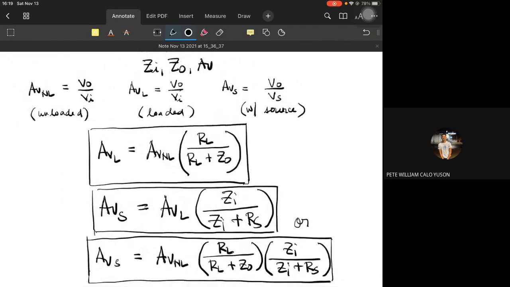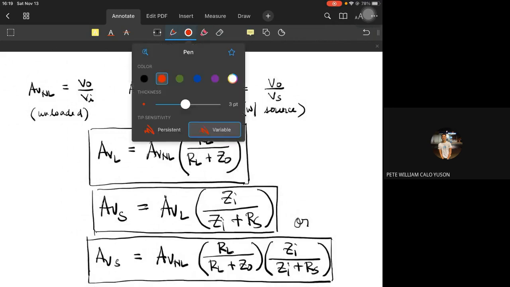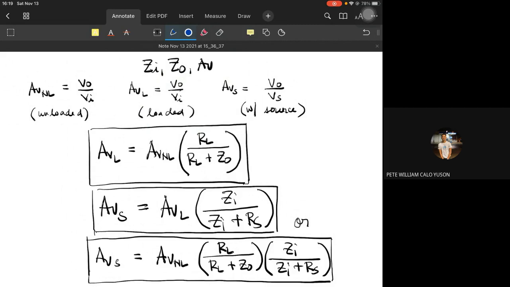Yeah, so another formula for AVL and AVS as a function of AV and L. This one and this one.